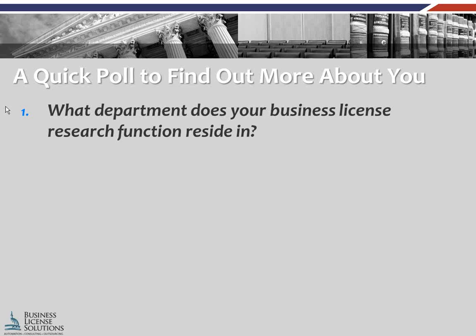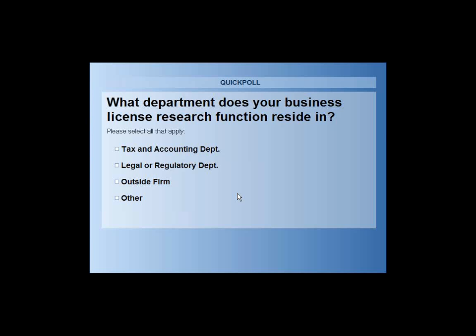All right, we're still awaiting some of the poll results. Poll is in progress, and we've got some people voting now. So your choices are tax and accounting department, the legal or regulatory department, you use an outside firm, or some other resource actually handles the research activity. We'll give everybody just a moment to continue.